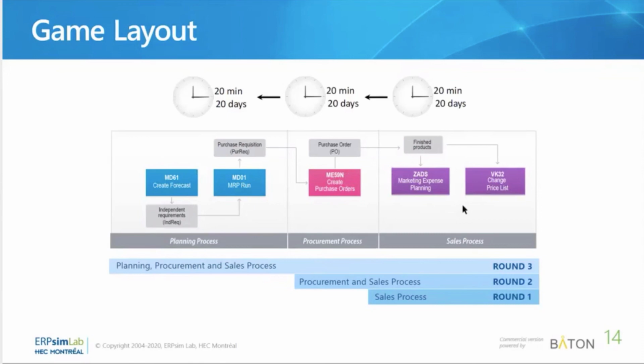So all these 5 decisions have to be made in round 3. So round 3 is the most advanced part in this simulation, and you are going to implement all of that together. Today we are going to run round 1 and round 2 and round 3 hopefully, and hopefully we'll be able to go through this. Any questions so far?